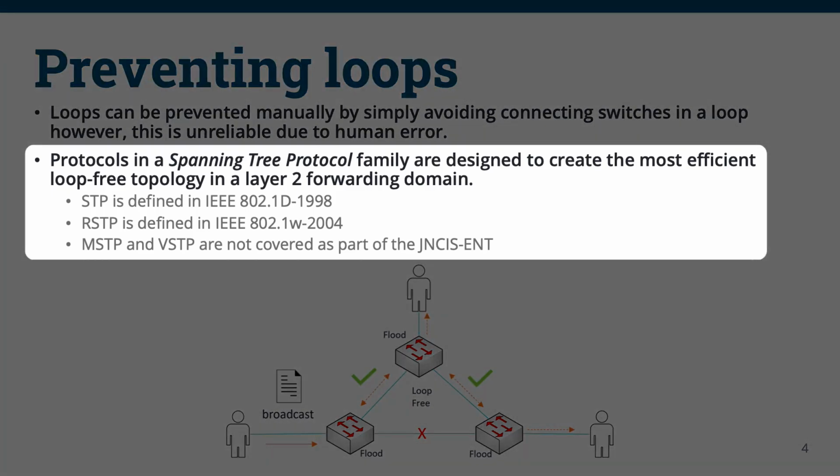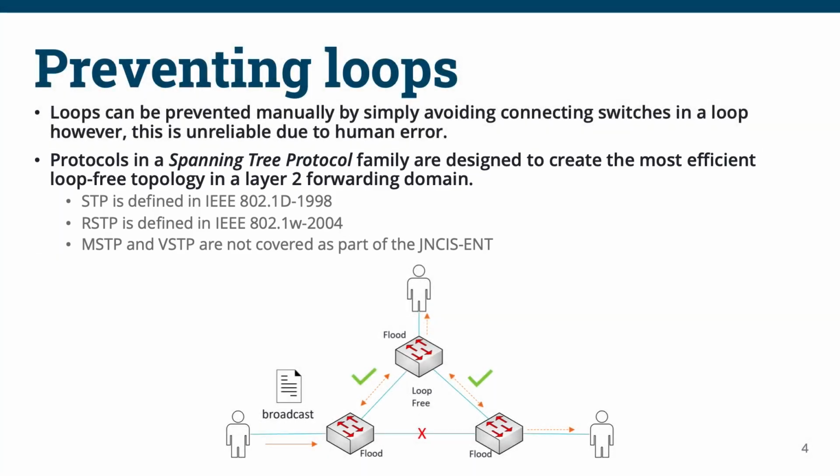Spanning Tree Protocol, or STP, represents a family of protocols which are designed to create a loop free topology. As part of the JNCIS ENT, we're only reviewing the original 802.1d Spanning Tree Protocol and 802.1w Rapid Spanning Tree Protocol in depth.